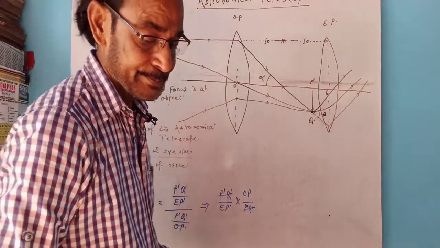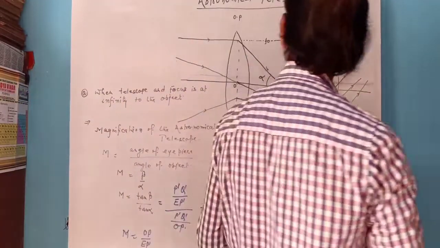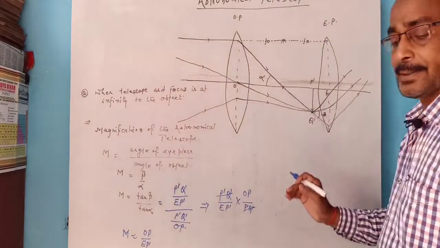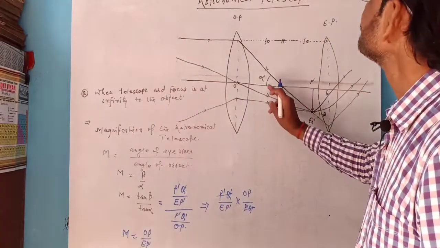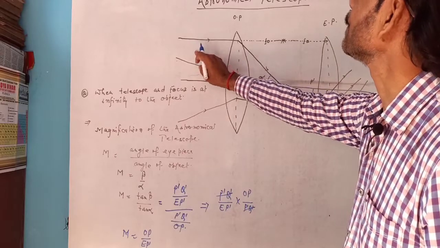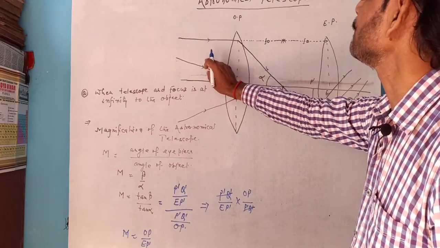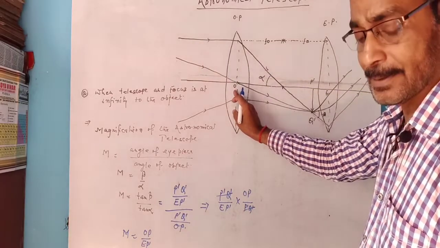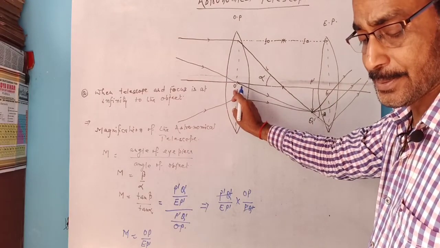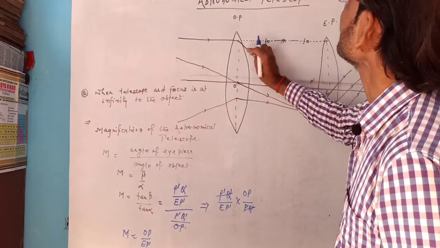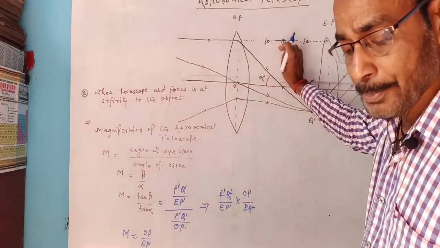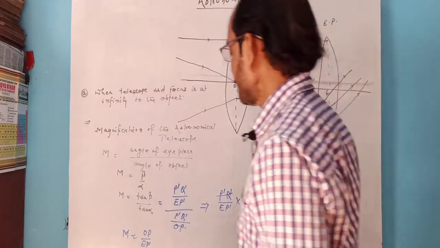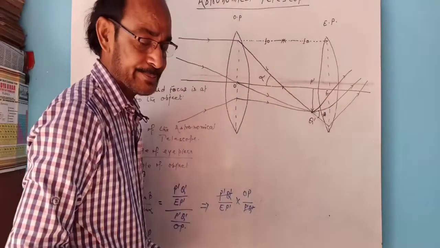Here we measure OP. OP is not known, but O is here, that is the focal length FO, the focal length of the objective piece.